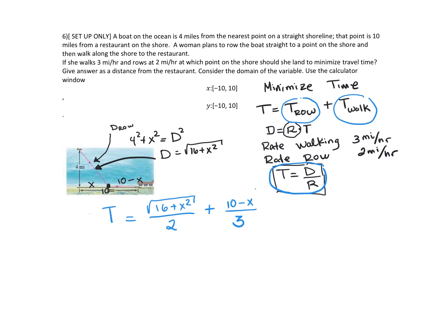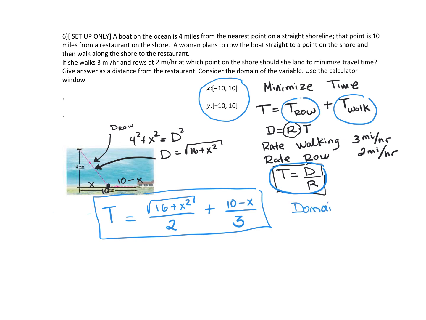And at this point, we would use our calculator, put it into y1 using this standard rectangle, and we should be able to find x. We do need to think about the domain of x. What is the largest that x could be? Well, the largest x could be would be 10.